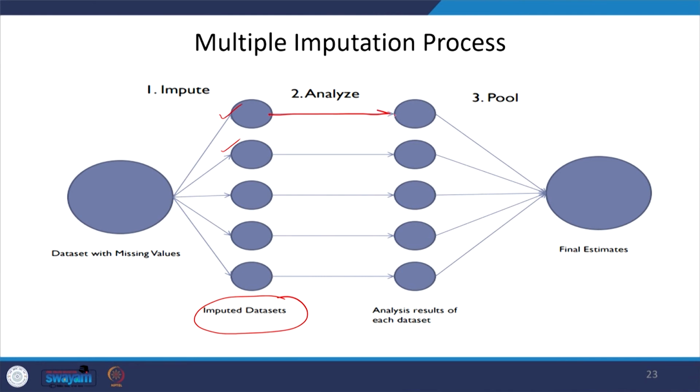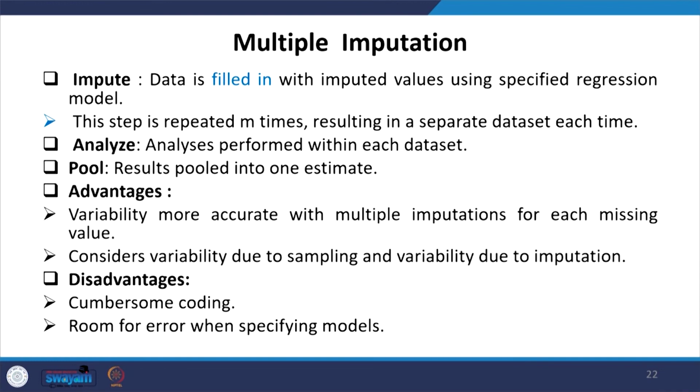Once we pool to each corresponding data entry, we have generated a new data set, and based on that we get our final estimate. This is what is called multiple imputation. Since at every stage we have our analysis done, one advantage is that the variability is well captured. It is more accurate than simple regression imputation.